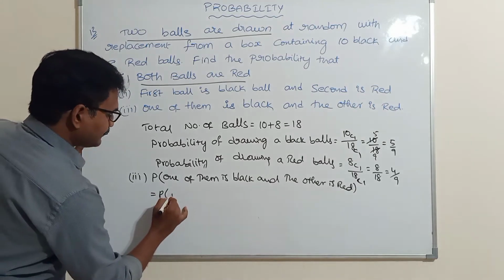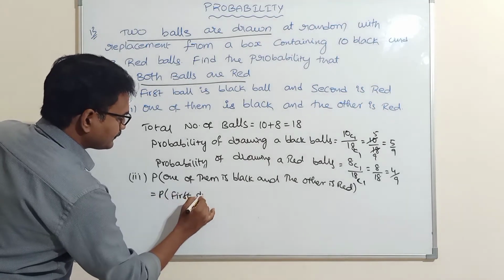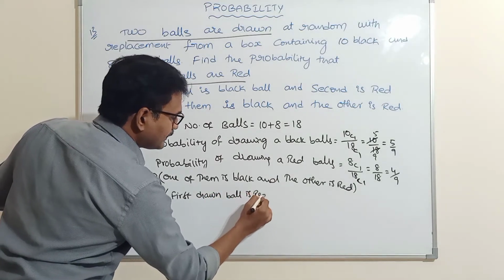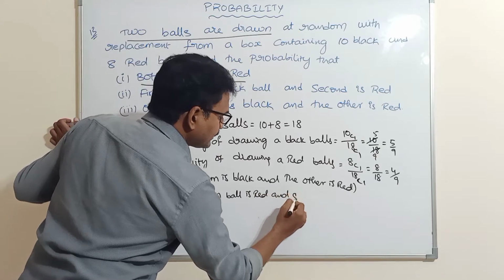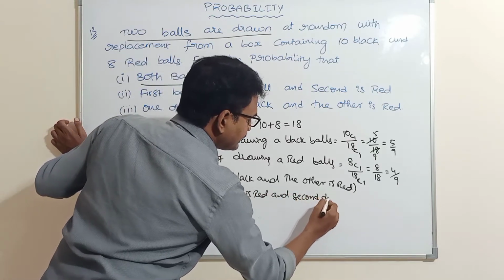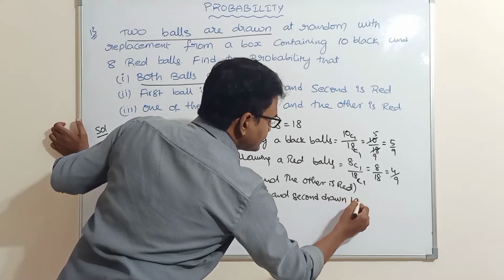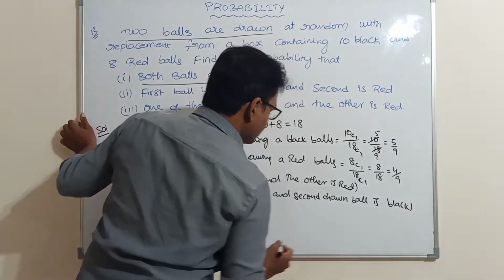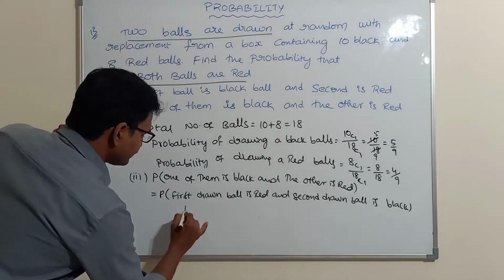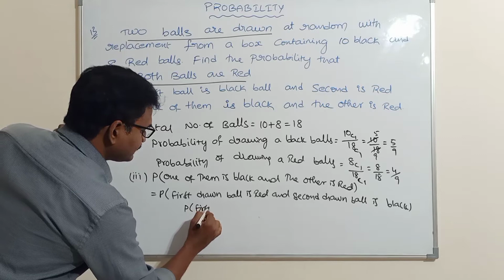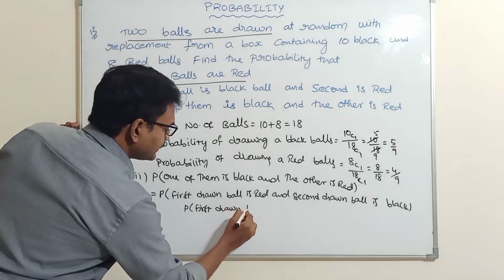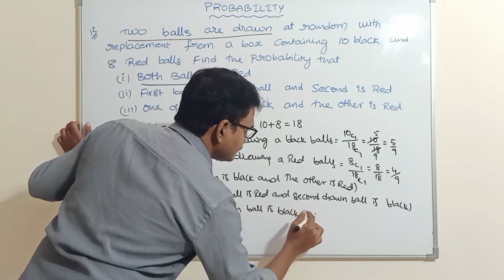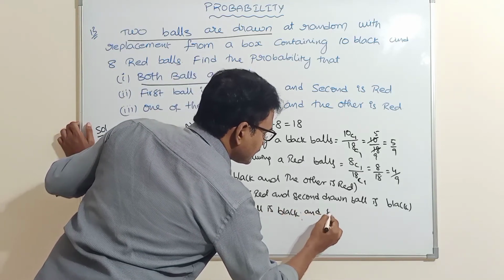The first drawn ball is red and the second drawn ball is black. Or the first drawn ball is black and the second drawn ball is red.